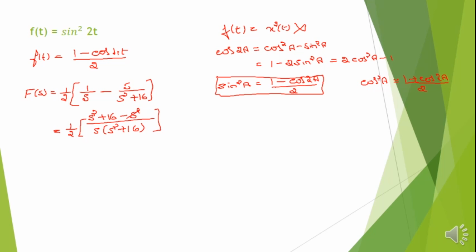So s square gets cancelled, leaving 16, and half of it gives 8 by s into s square plus 16. So this is the Laplace transform of sin square 2t. Similarly, if they ask for cos square 5t, we need to convert it using this formula, product into sum.